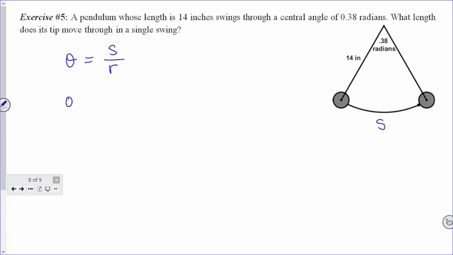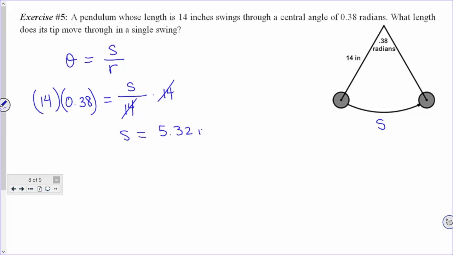We've got 0.38 equals S divided by 14. Simple enough, now we can just multiply by 14 on both sides. So my arc length is now 0.38 times 14. We want to have our calculator do that for us. I've got the answer already down, 5.32 inches.